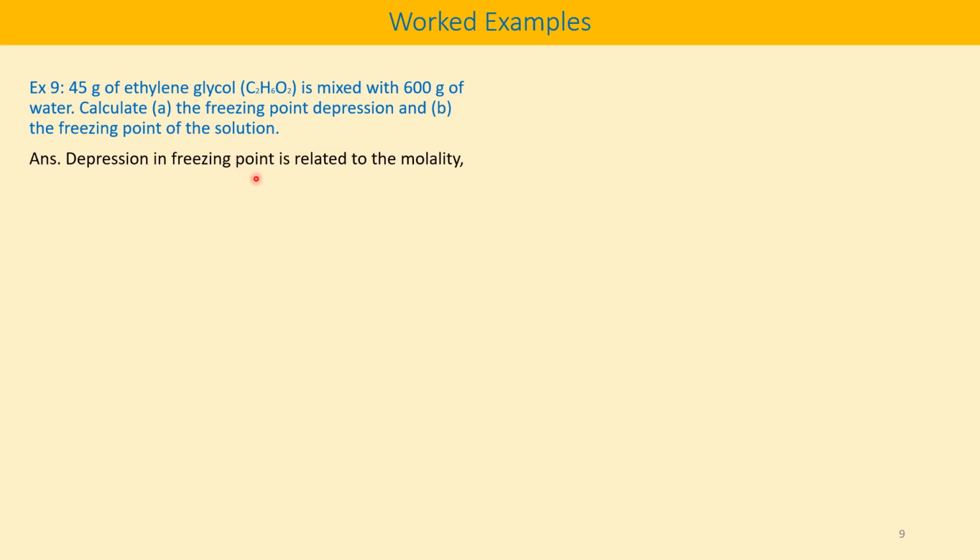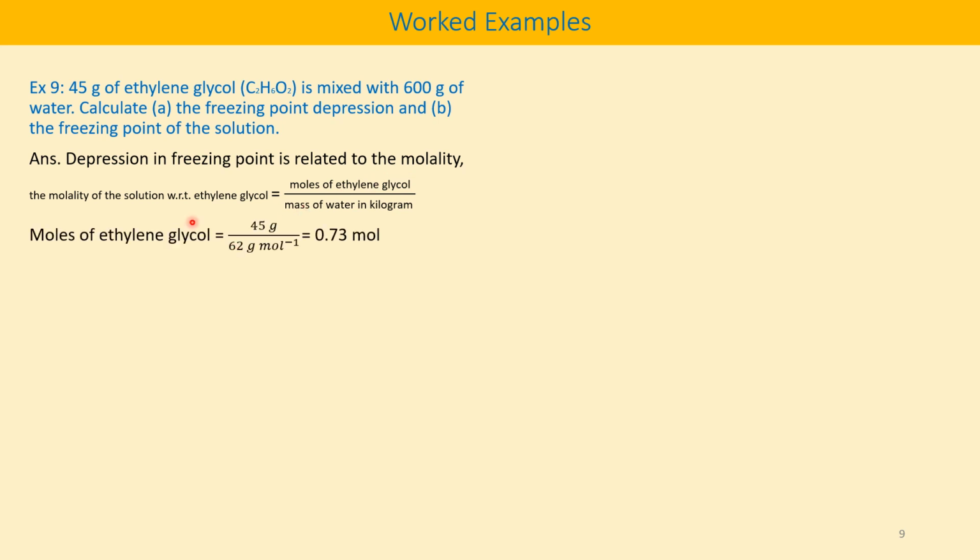Depression in freezing point is related to molality. So molality equals moles of ethylene glycol divided by mass of water in kilograms. First we have to calculate the moles of ethylene glycol.